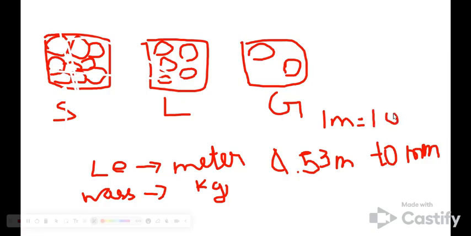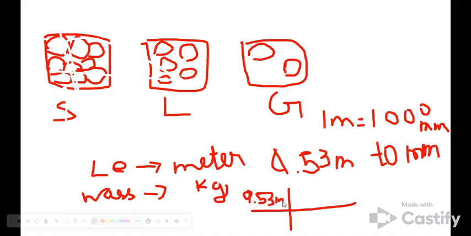So we make a chart like this. 9.53 meters would be written like this, and we know 1 meter is 1000 millimeters.